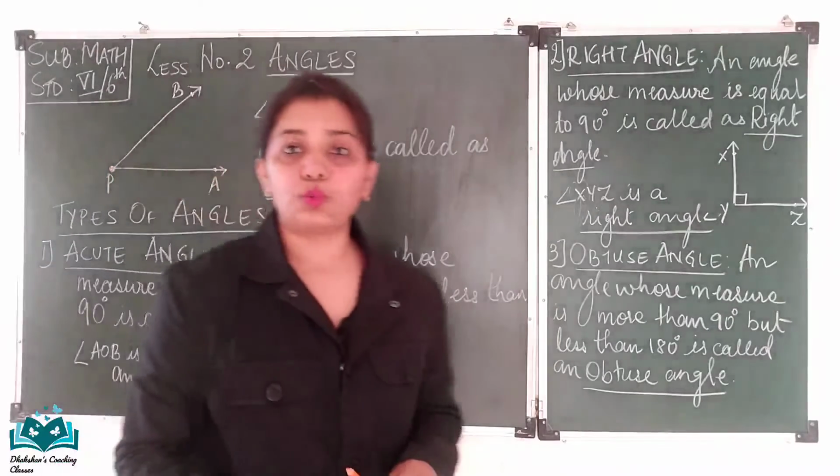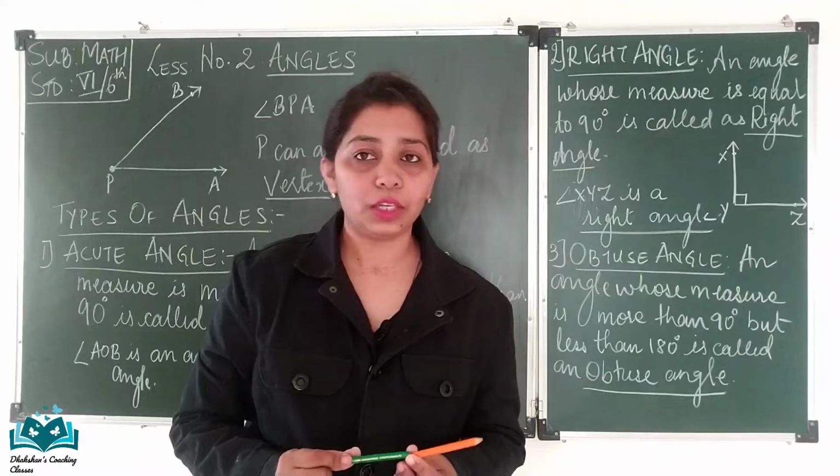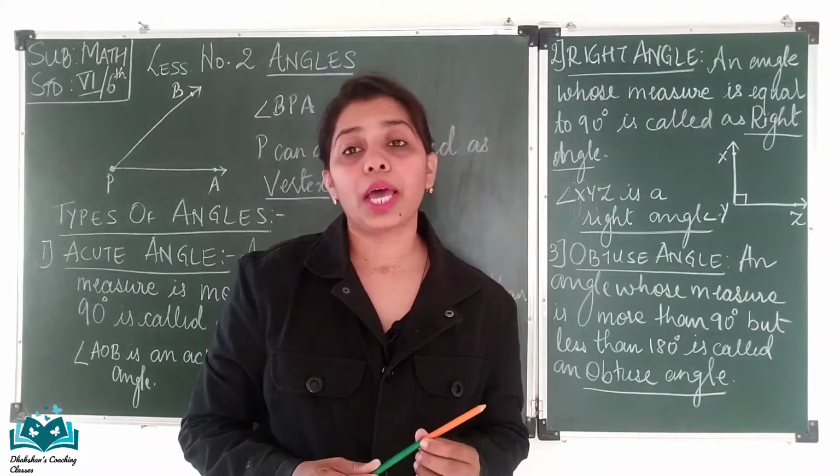So, any angle whose measure is greater than 90 but less than 180 is called your obtuse angle.